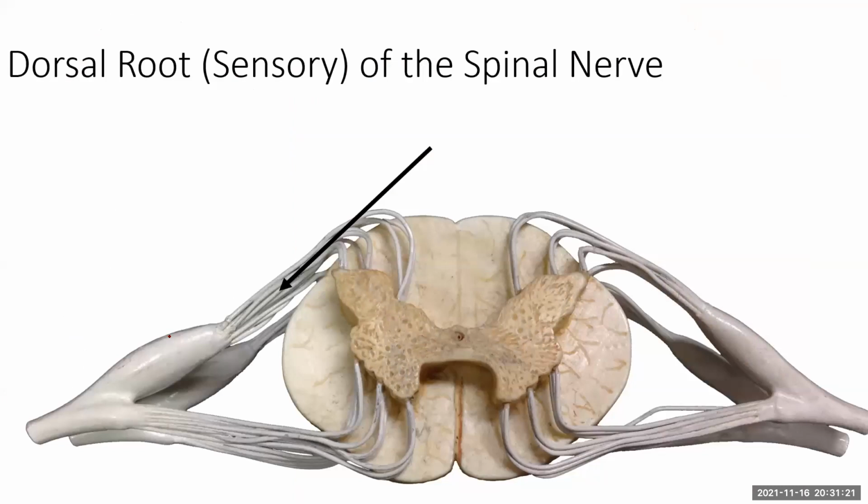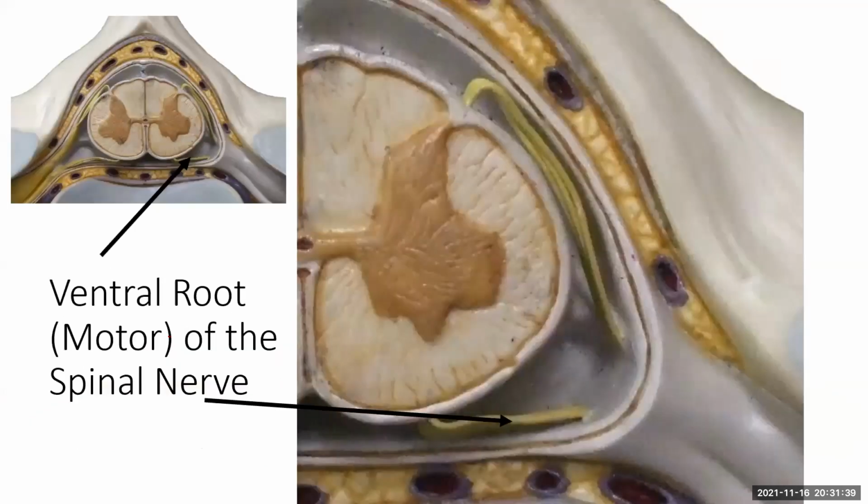Here you can see it on the back. The dorsal root. It's pointing to one individual. If it was pointing to all of them, then we'd call them the dorsal rootlets or the posterior rootlets of the spinal nerve. All right, in the front, we have our ventral root of the spinal nerve, or the anterior root of the spinal nerve, and that's going to carry motor neurons.